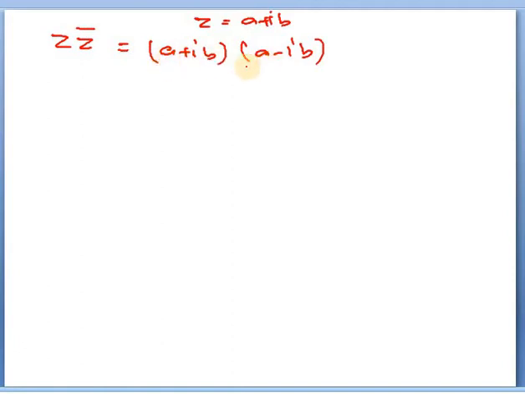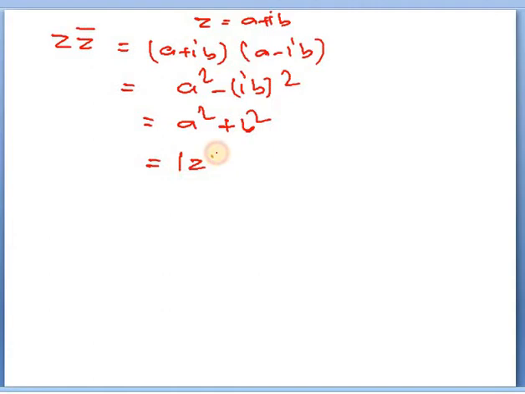Now (a + b) into (a minus b) gives a square minus b square, so here it is a square minus b square times i square; i square is minus, so minus minus becomes plus. This is nothing but the square of the modulus. So when we multiply a complex number with its conjugate, we get the square of the modulus. This is the relation between the modulus, the conjugate and the complex number.